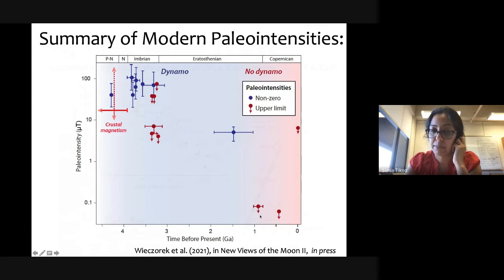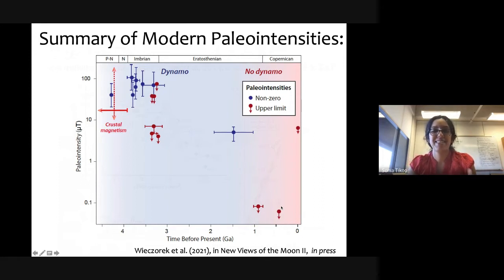And they could put upper limits of less than 100 nanotesla on the field at the time those rocks formed. So they say that the lunar dynamo probably ceased by 1 billion years ago. So we have this record that we are working with now in terms of the moon's paleointensity history. Strong fields, they get weaker, it's still alive, but then it dies.